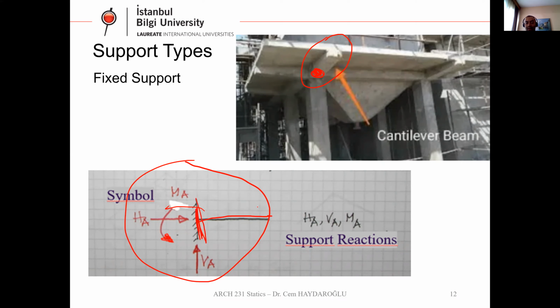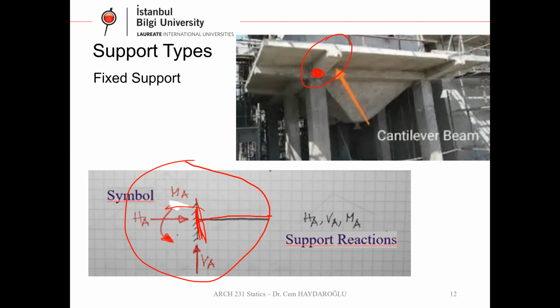So at this beam, depending on the loading condition, I will have three unknowns, three support reactions, one vertical, one horizontal, and one moment support reaction. Okay, we have to know this. If I have a fixed support, I will have three unknowns.